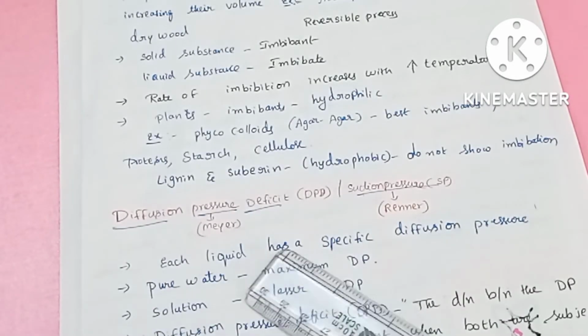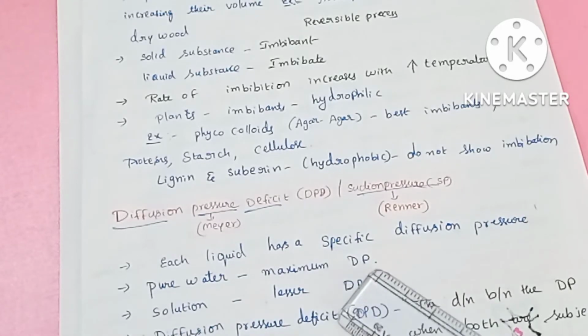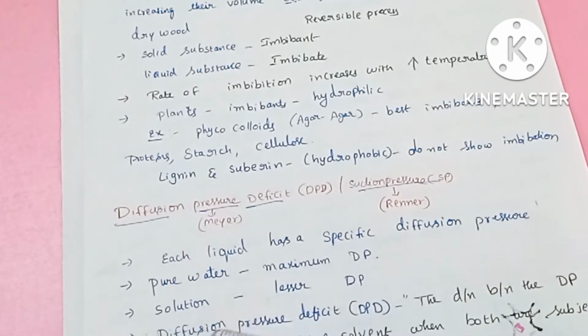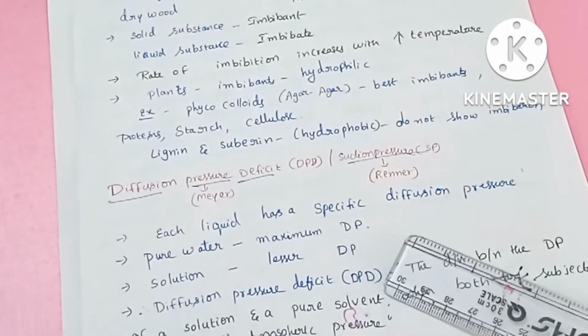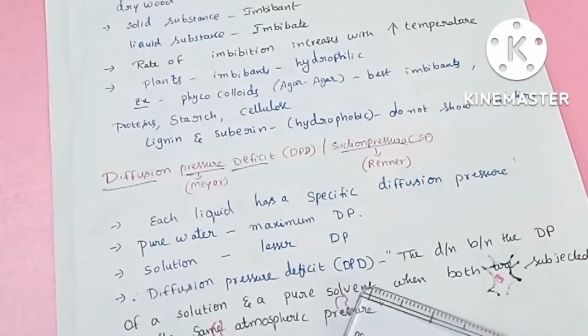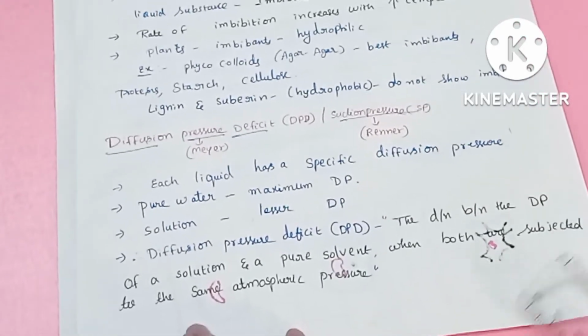What is diffusion pressure? Each liquid has a specific diffusion pressure. When compared to a solution, pure water has the maximum diffusion pressure and a solution has less diffusion pressure. Now, what does diffusion pressure deficit mean?